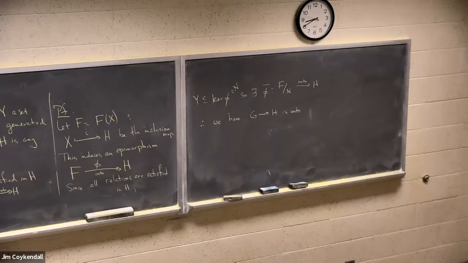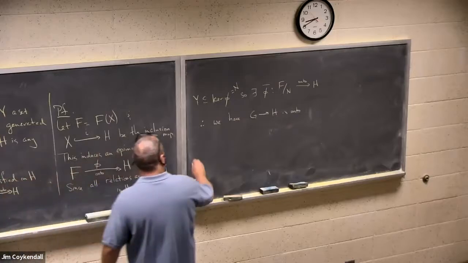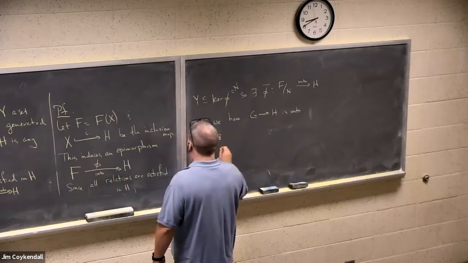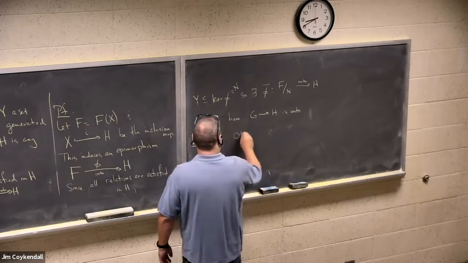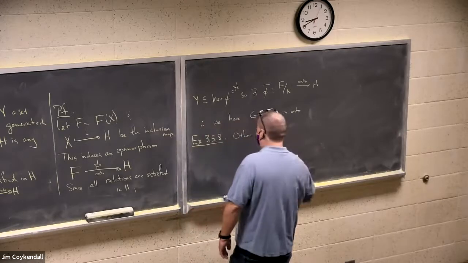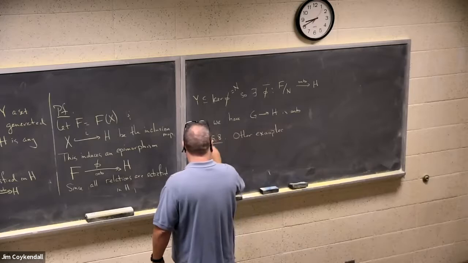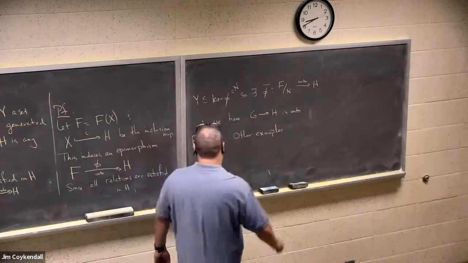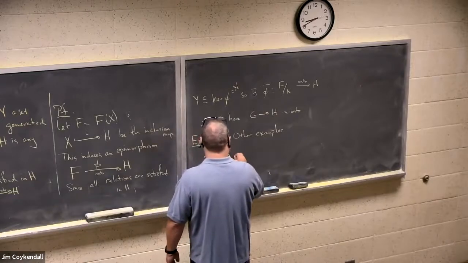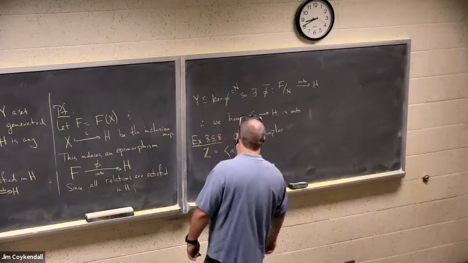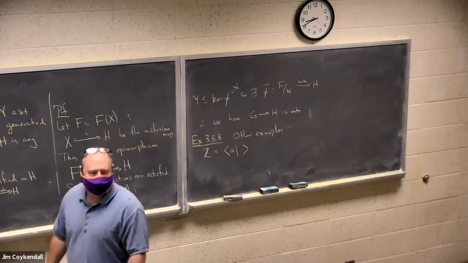Okay, so let me give you a couple of examples here. Z is, and you can say there are no relations there.